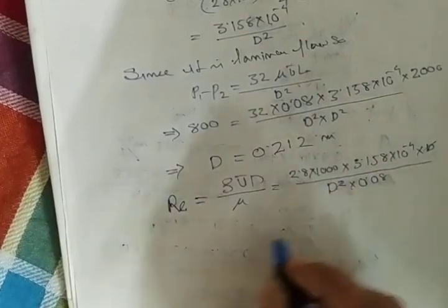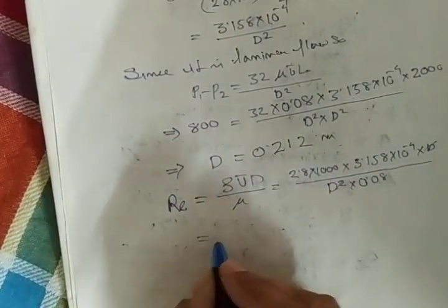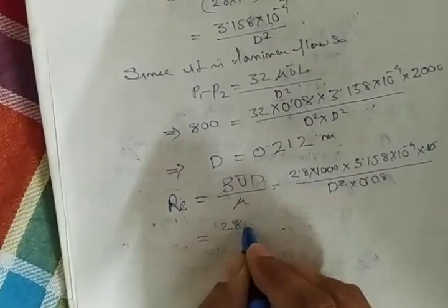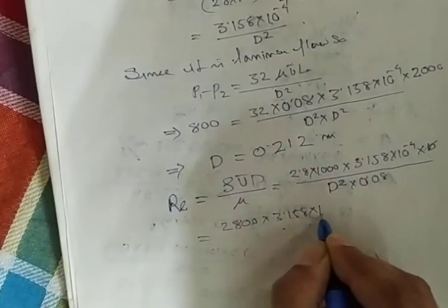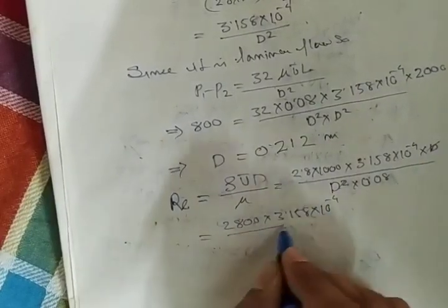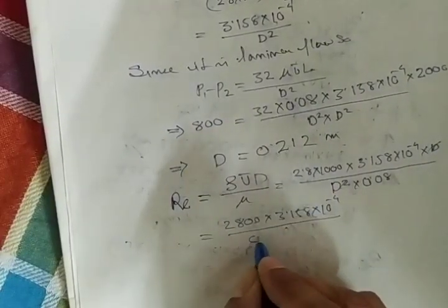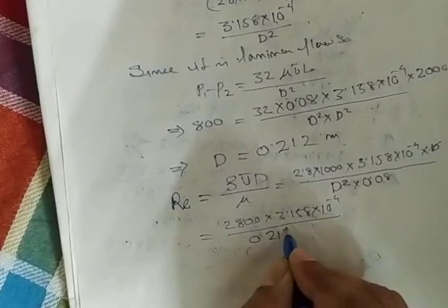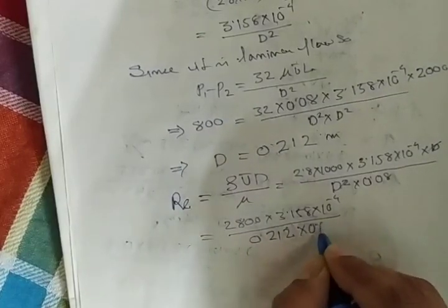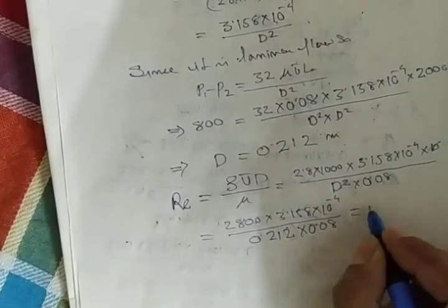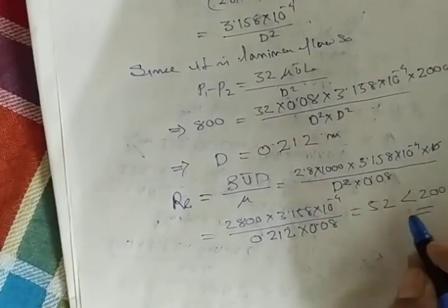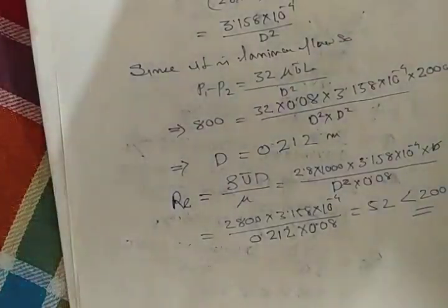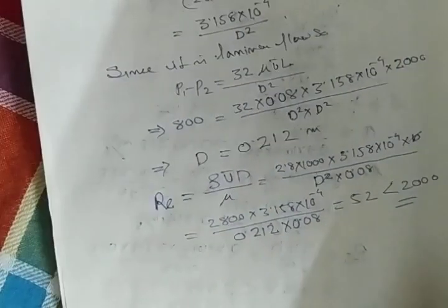So d square will go, and ultimately it will be 3.158 into 10 to the power minus 4, then 0.212, this is the diameter, and 0.08, and here you will get 25, which is less than 2000. So it is a laminar flow. Thank you. Hope you understand the problem. So see you soon.